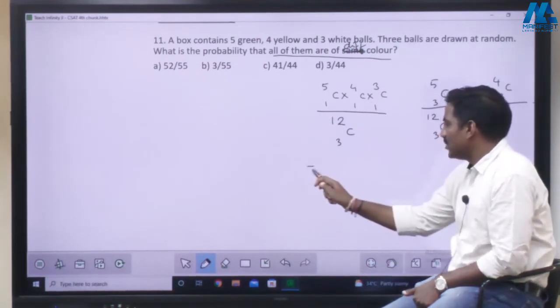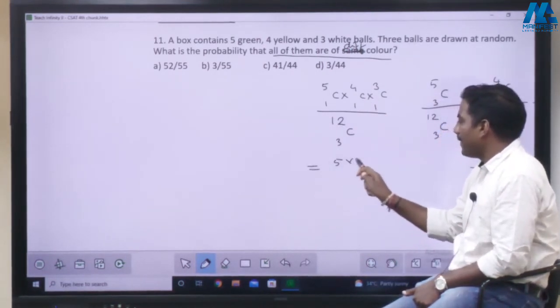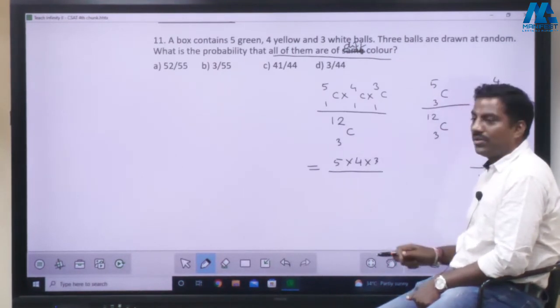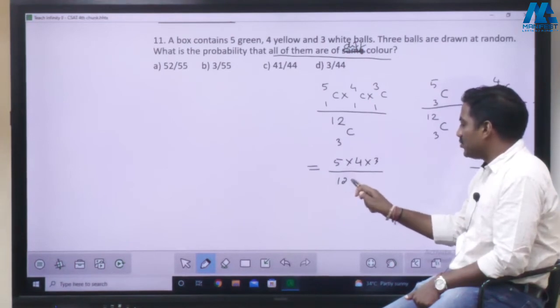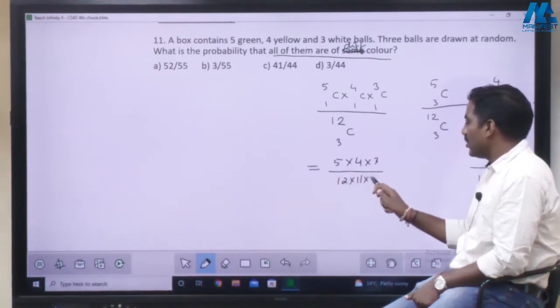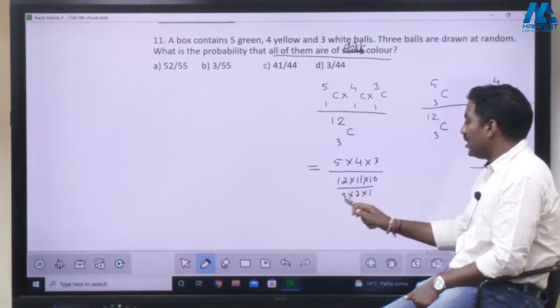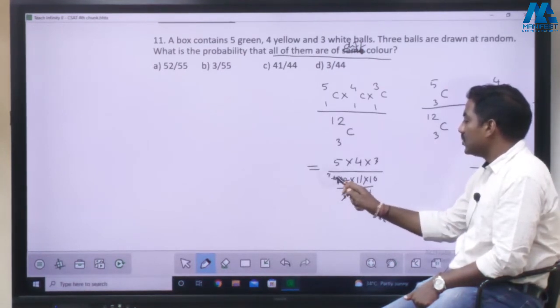So what is this? 5 into 4 into 3 divided by 12C3, that is 12 into 11 into 10 divided by 3 into 2 into 1. 3 ones are 3, 4 fours are 2 ones are 2 twos are.